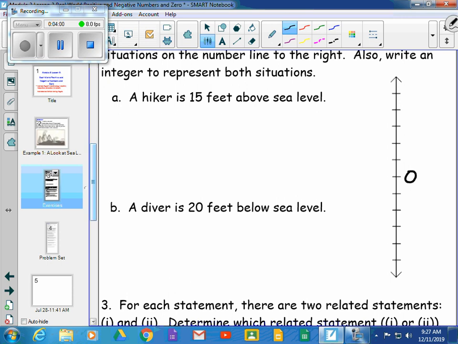Well, my scale can't be by ones because I won't fit them on there. An appropriate scale in this case might be 5. If I go up and down by 5s, my number line scale is going to look like this.